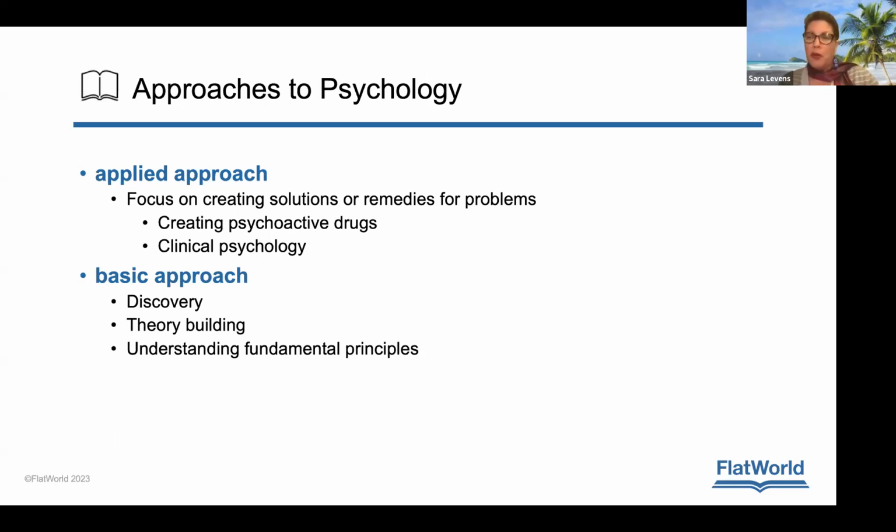Interventions to help with any sort of behavioral change are applied approaches. Creating drugs to treat illnesses is an applied approach. As we mentioned, clinical psychology, any types of interventions, cognitive behavioral therapy, ACT therapy, other types of therapy, or just direct interactions with an individual, or trying to meet the needs of a group of individuals, would be applied approaches.